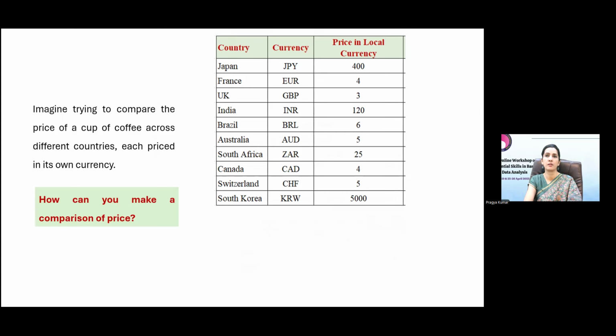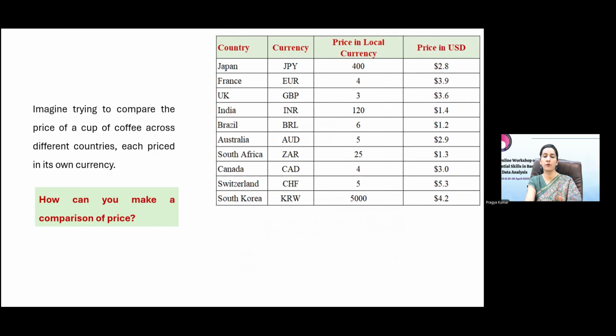Because if I see, I can say in South Korea it is maximum because it is 5,000, but I cannot compare it. So what I have done, I have converted that into US dollars because that is considered the standard. So now I can compare the price of coffee.